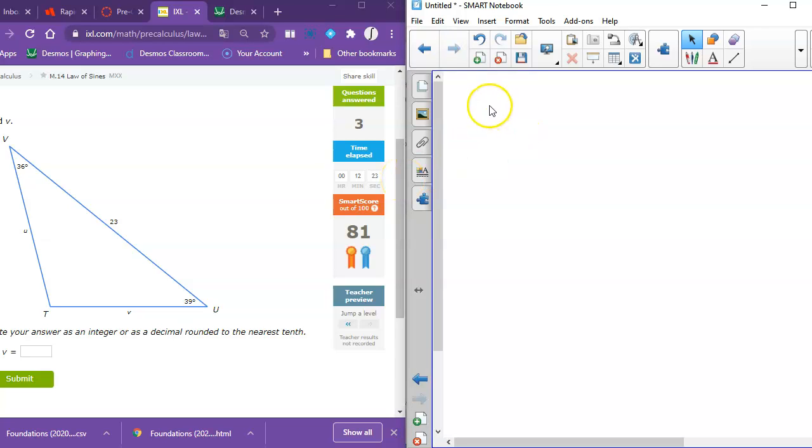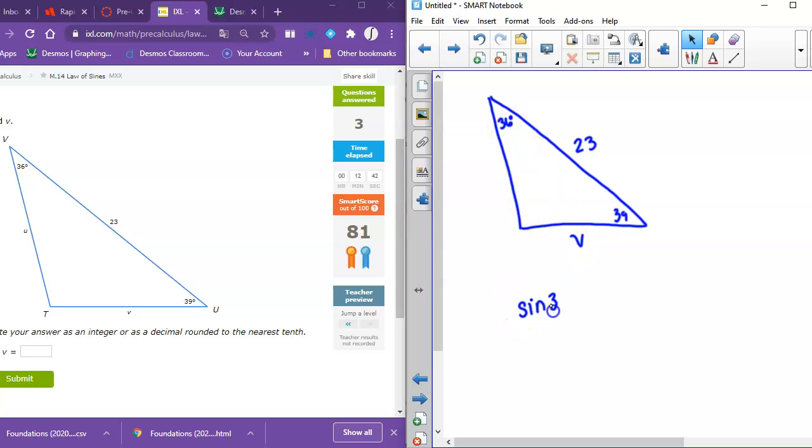You can see here that we've got this angle is 36, this angle is 39, we know this side is 23, and then we are looking for V, which is right here. So I know I'm going to have sine 36 over V, but I don't know this angle right here, and I need that angle because it's across from the only side that I know.